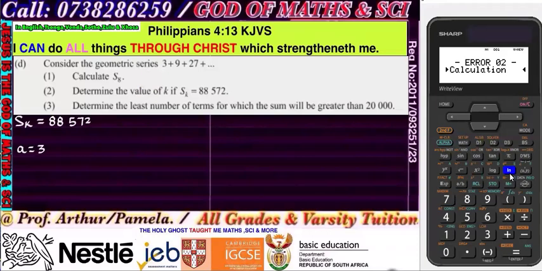It is 3. If I'm looking for the R, it's going to be 9 divided by 3, which gives us 3. Then we can double check it with 27 divided by 9. Is it 3? Yes, indeed, it is 3. So we've got 3 there.